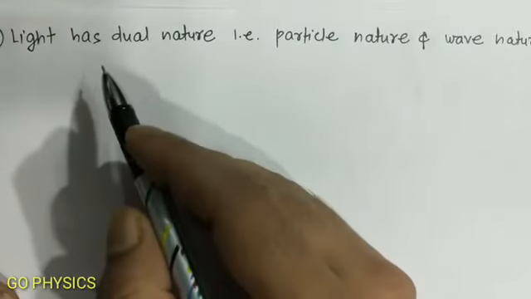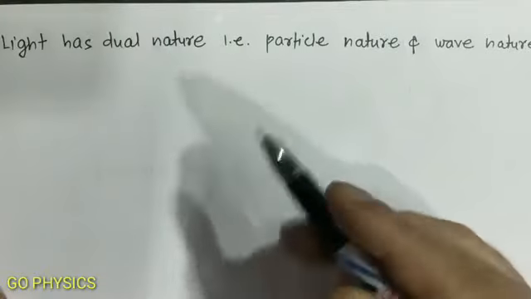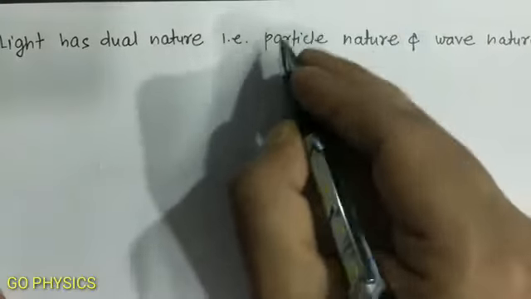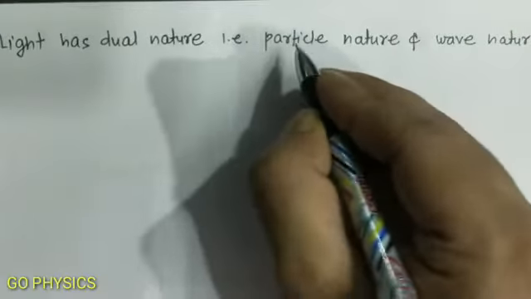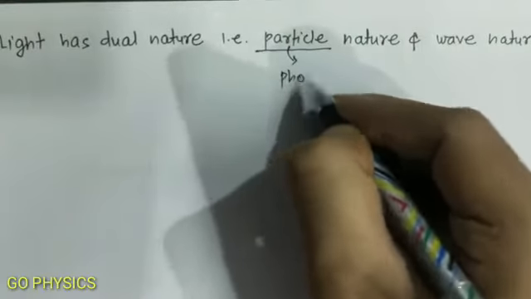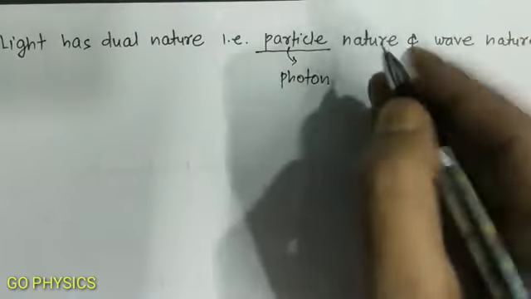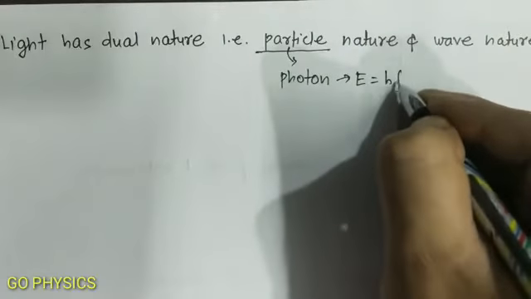Since light is an electromagnetic wave and we know that any electromagnetic wave has dual nature, therefore light will also have dual nature. Sometimes it behaves like a particle, which means it behaves like a photon, a packet of energy. And we already know that the energy of a photon is h into frequency.